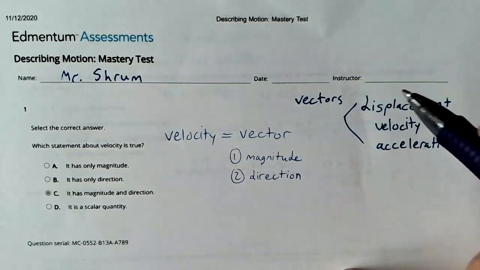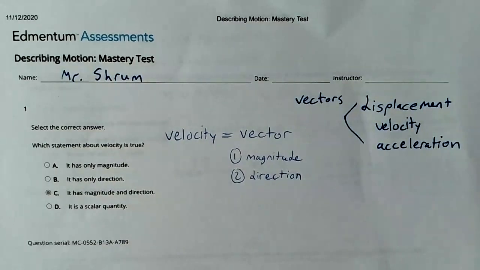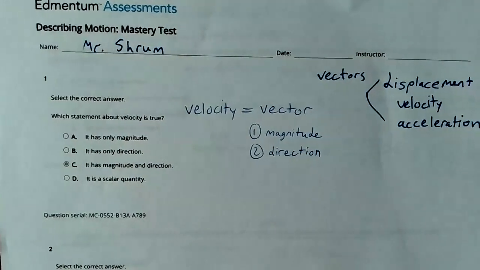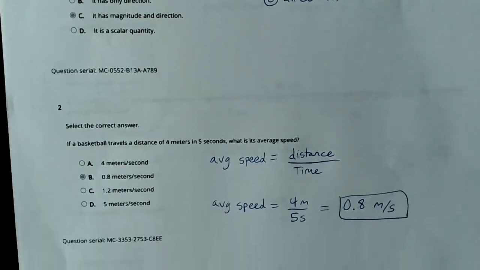Vectors. Okay, so they can be positive or negative values depending on the direction. Okay, I hope that's clear.